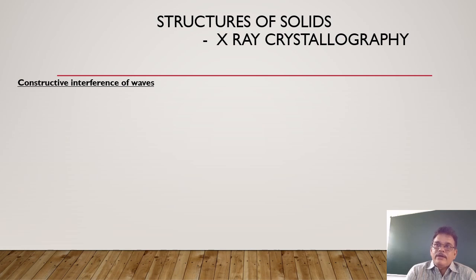When 2 waves superimpose one another, resulting in a new wave, that property is called interference. Superimposition of waves is called interference. Of course, this is of 2 types: constructive interference and destructive interference. So these 2 will be discussed now, right?